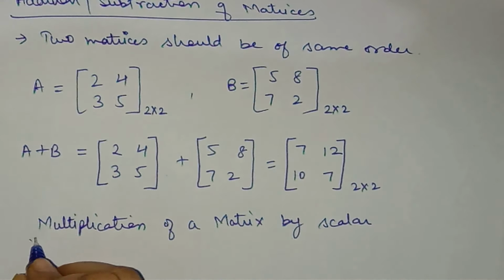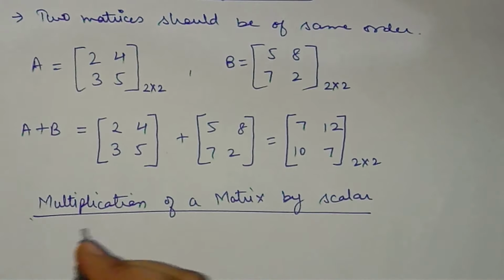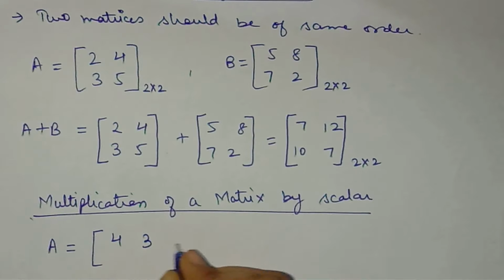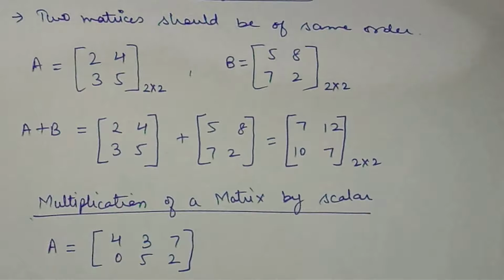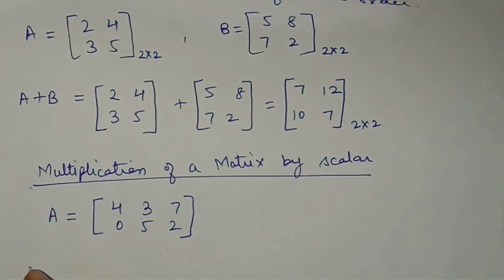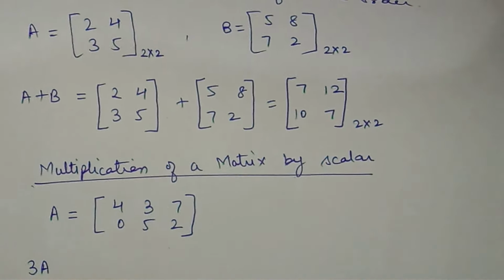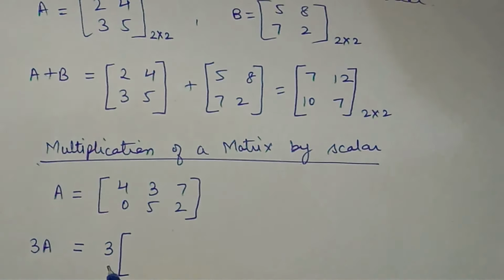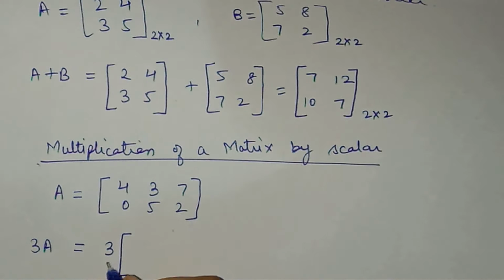So if I have matrix A and I am interested to find 3 into A, it will be calculated as follows. When a matrix is multiplied by a real or complex number, which is 3 in this case, then that 3 is called a scalar. So in this case this 3 is a scalar.